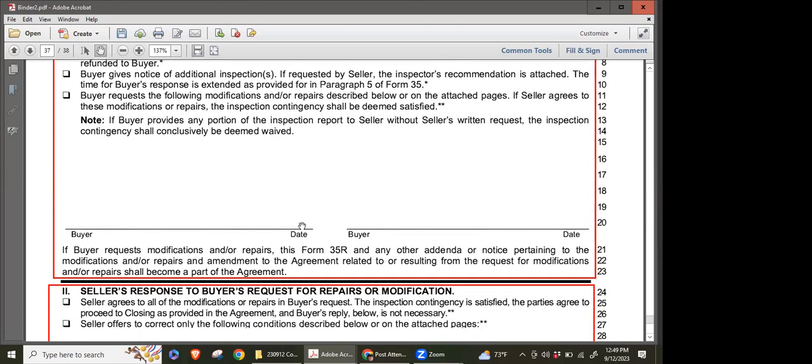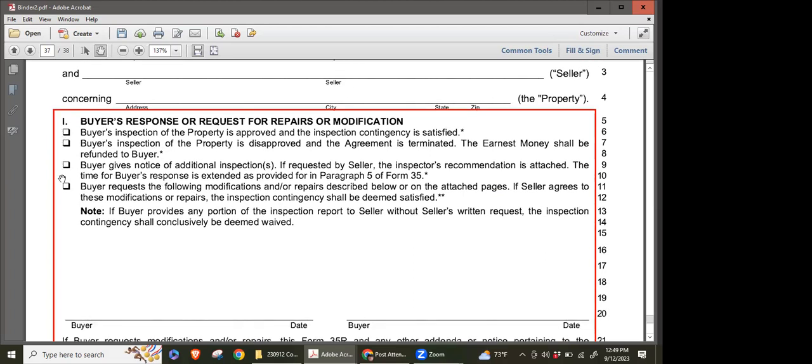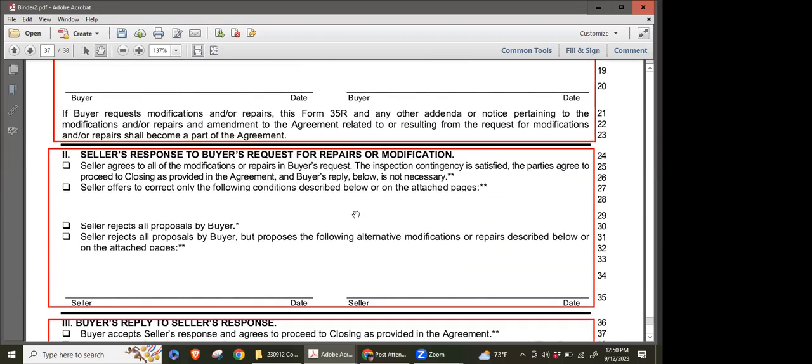And when I review them, I will say part 1, form 35R part 1, and then I'll say if their box is checked and the buyer has signed it, part 1 fully filled in, fully signed, ready for the seller's response. So if I get it back and part 1 is filled out right, part 2 is, then I'll respond and say parts 1 and 2, form 35R, parts 1 and 2, fully filled out, fully signed.